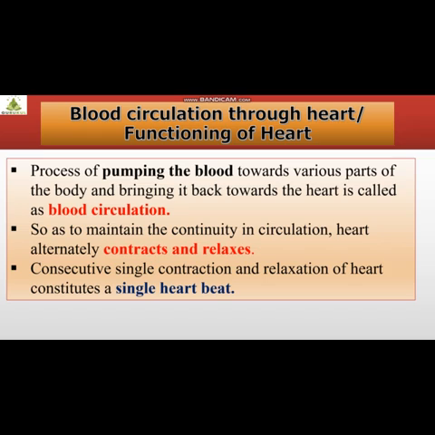That is the contraction and relaxation process. Consecutive, single contraction and relaxation of the heart constitutes a single heartbeat. Consecutive means one after another. Clear? Now let us understand blood.